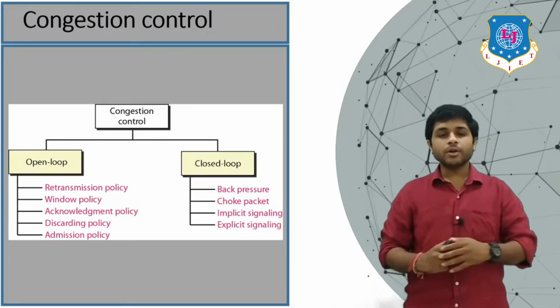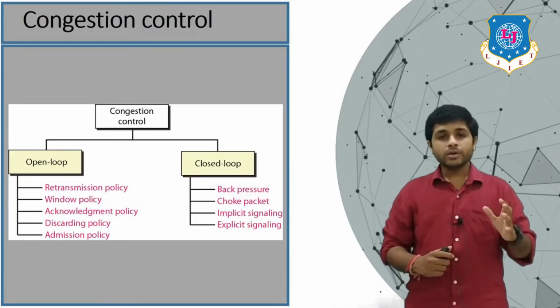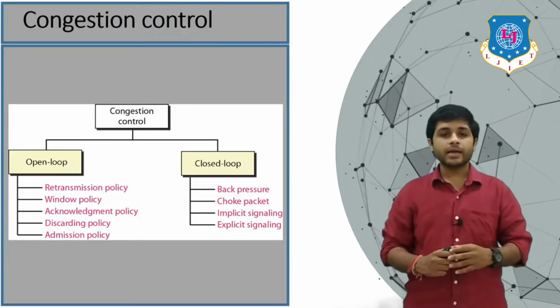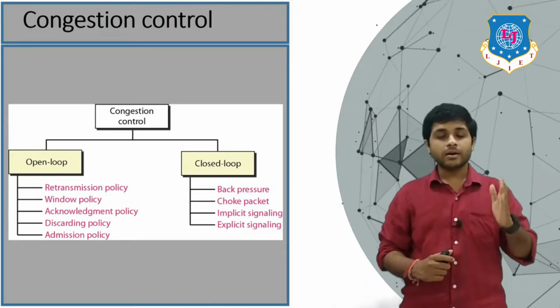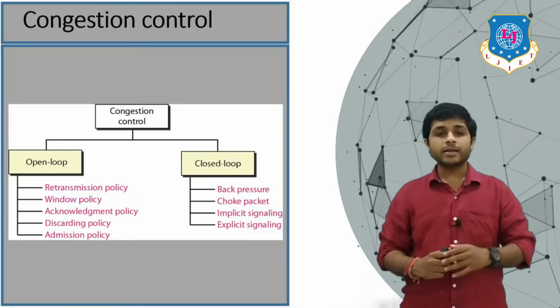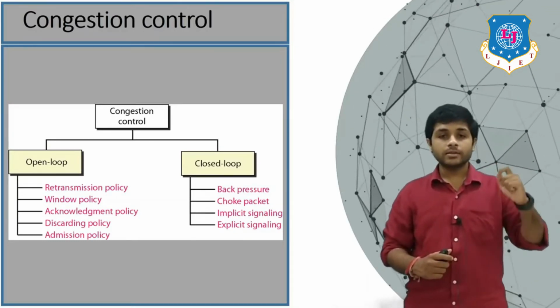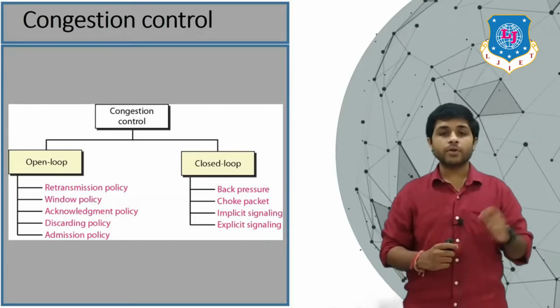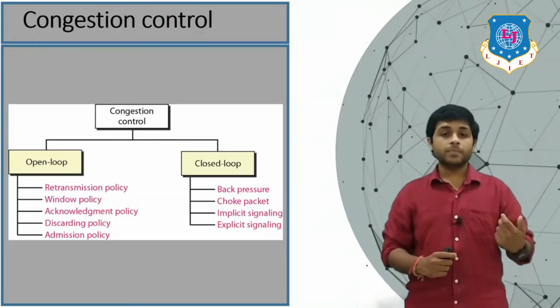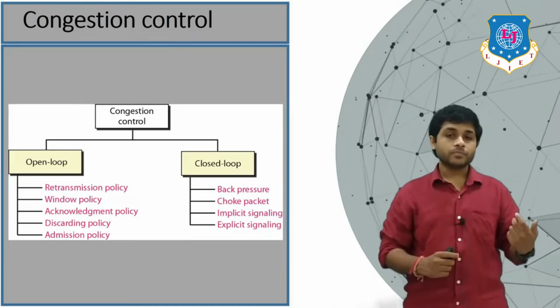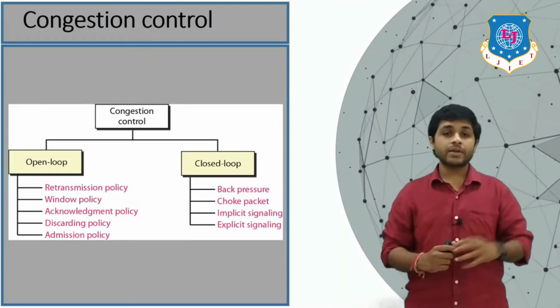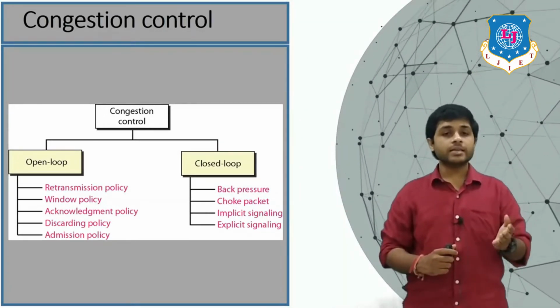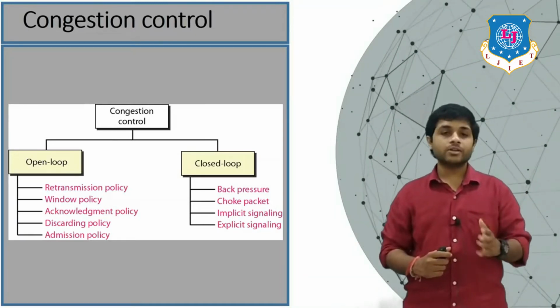So the discarding policy tells that the router will analyze each packet, and according to the priority, the router will select which packet will be forwarded first and the remaining packets will be forwarded after that. And if some packets have very low priority, in that case the router can easily discard those packets.